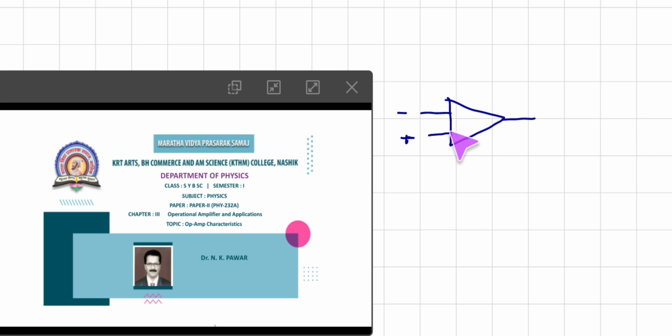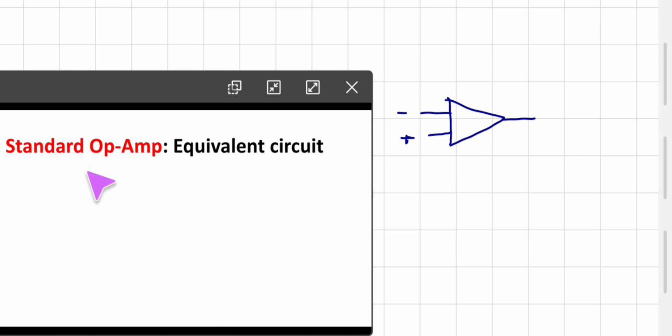Now we talk about the characteristics of an ideal operational amplifier. Let us consider the standard operational amplifier equivalent circuit. Here this is an operational amplifier which has two inputs.